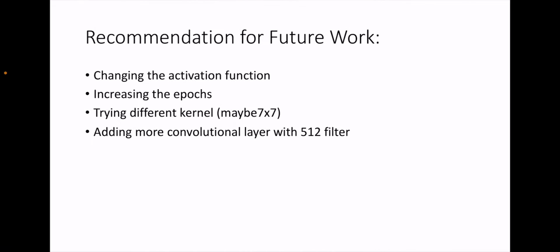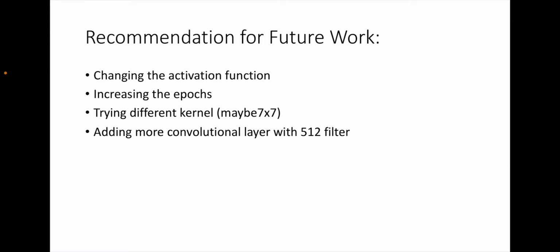For future work, I recommend changing the activation function. For this project, I use ReLU. Maybe sigmoid can increase the accuracy as well, or increasing the epochs, because for this project, I use only 20 epochs.